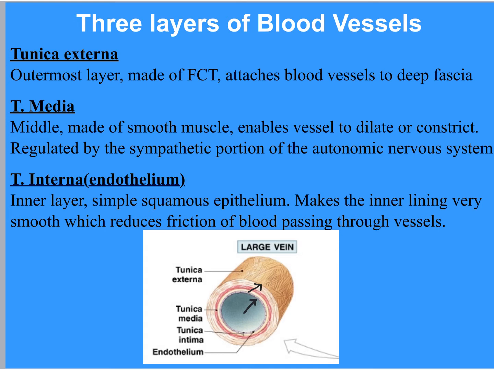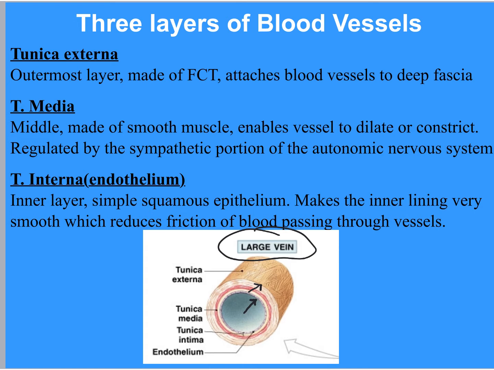Even though this picture right here is showing you a vein, these three layers are present in arteries as well. So let's have a look at those different layers, and we're going to go from deep to superficial. So we're going to move from outward towards the lumen.